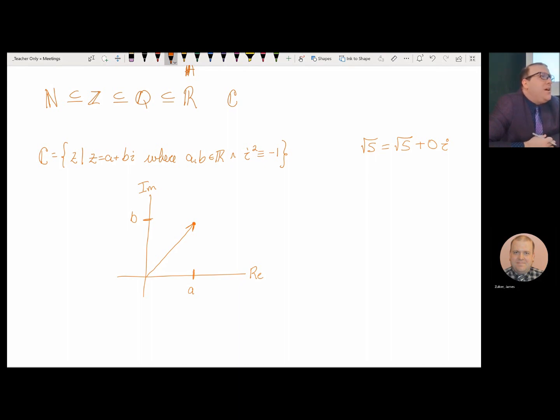So I wrote it in the form of a plus bi. All real numbers are complex. The imaginary component is what's attached to the i. Right, so in this case, you'd have real of root 5 is root 5. Imaginary of root 5 is 0. So the reals are a subset of the complex. It just would so happen that every single real number would just fall on the horizontal axis.